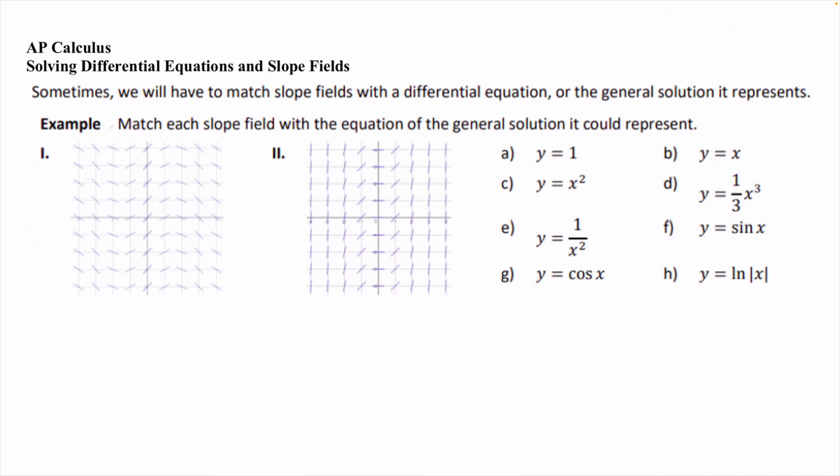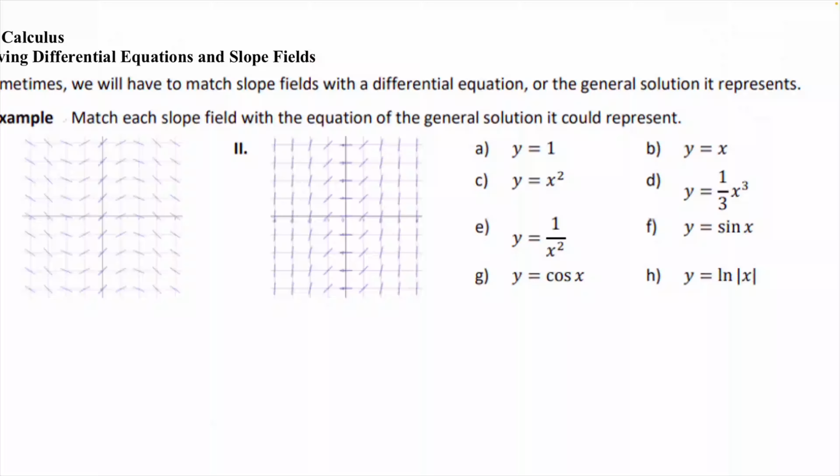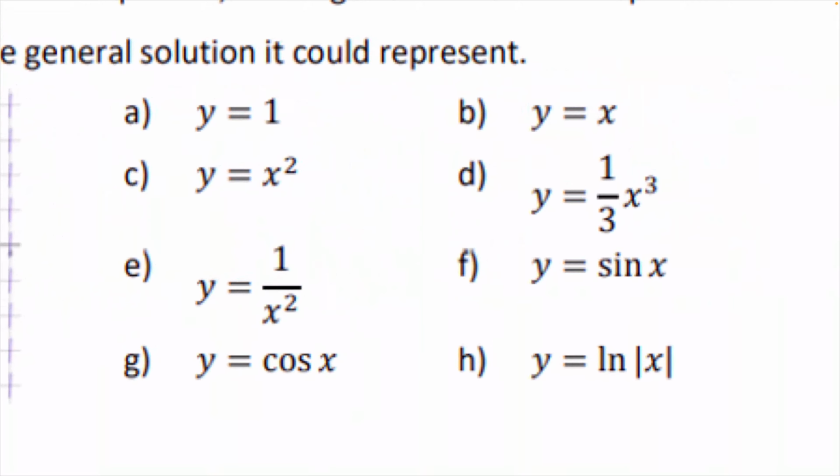So I'll give you a hint. It's not about the slope fields. Look at the functions themselves. What do you notice about these that doesn't make sense when I say slope fields? What do you need to do a slope field?